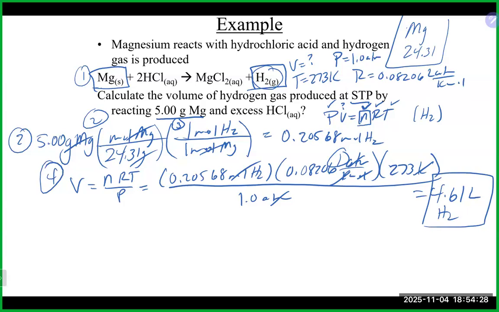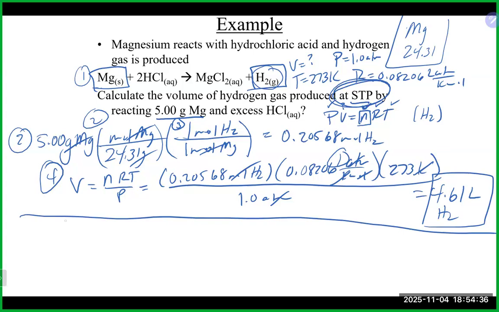First off, any questions on that there? Now, once again, if you remembered, this again is at STP, which means you could have used that relationship we saw earlier. 22.414 liters is 1 mole at STP.